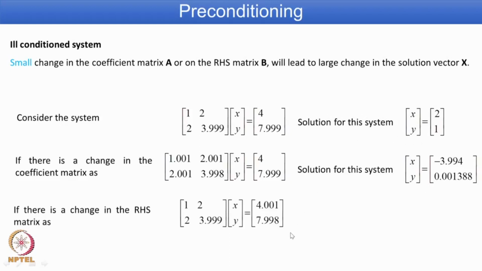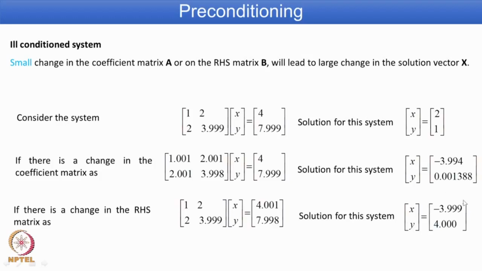Let us take the other case where we change the right hand side matrix, and it is shown here: B as 4.001, 7.998. The coefficient matrix is the same. Now, for this system, the solution matrix appears to be as shown here: x equal to minus 3.999 and y equal to 4.0.